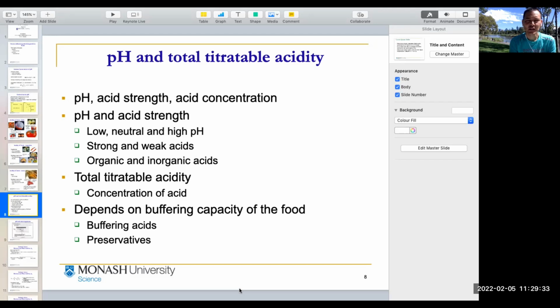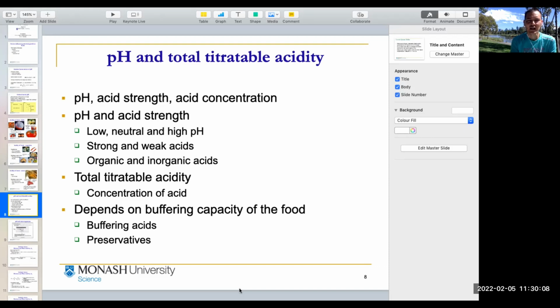I want to just jump to acid concentration. Acid concentration is the number of molecules of a given acid in a solution. That can be expressed on a percentage basis, or if we're talking about a real chemistry expression, then it's going to be in molarity, so the amount of acid molecules.